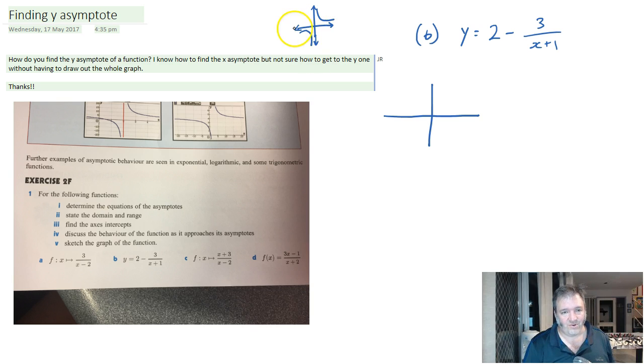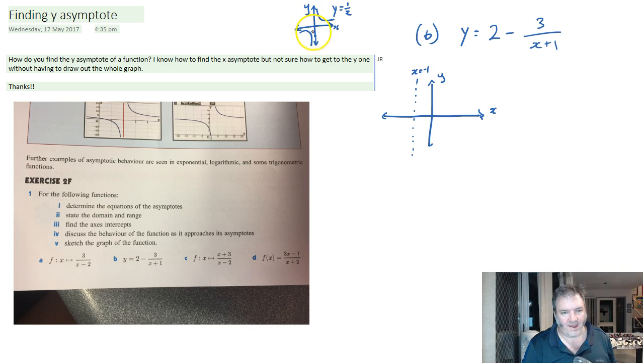If you know what the initial one looks like, with the axes being the asymptotes, so this is, of course, y equals 1 over x. When we come over here and try and sketch this function that we're talking about, 2 minus 3 over x plus 1, it's shifted 1 unit to the left, so you can see this asymptote is now x equals negative 1, and it intersects there, of course.